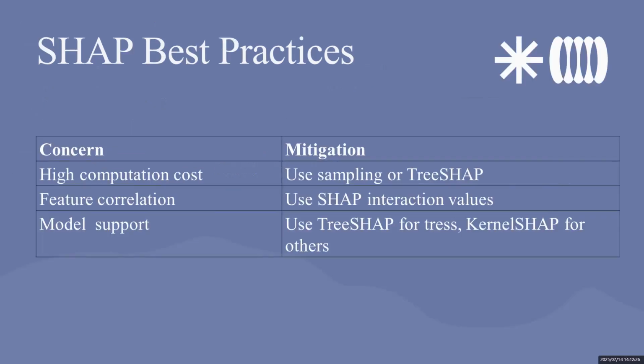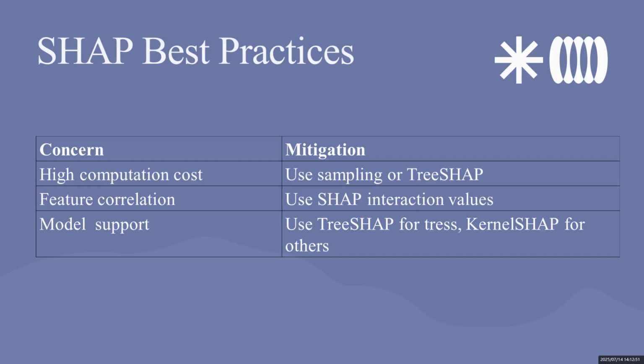Now let's look at SHAP best practices. A concern with SHAP is that it is computationally expensive, meaning the computational cost is very high. How do we mitigate it? We use sampling or Tree SHAP, which is efficient and fast.